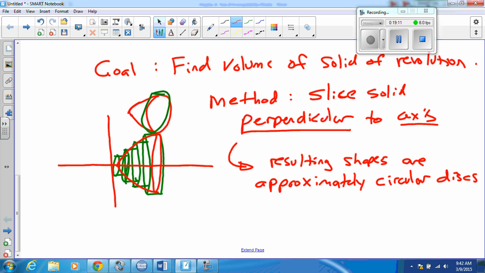Please notice that discs is spelled with a C as opposed to computer discs that are spelled with a K.